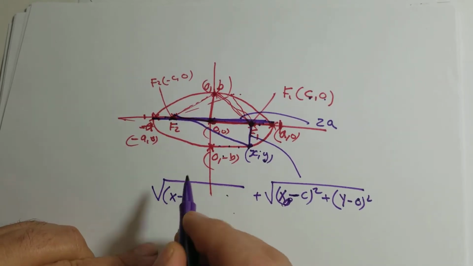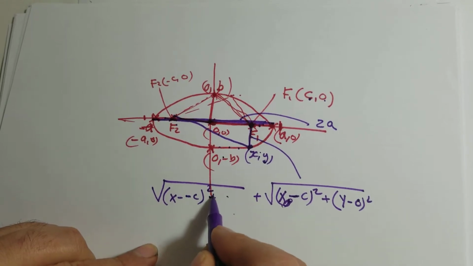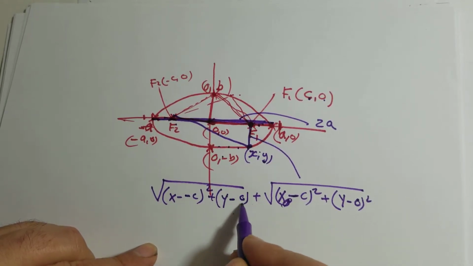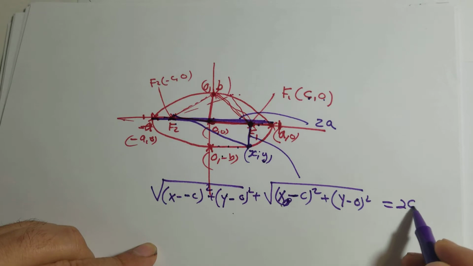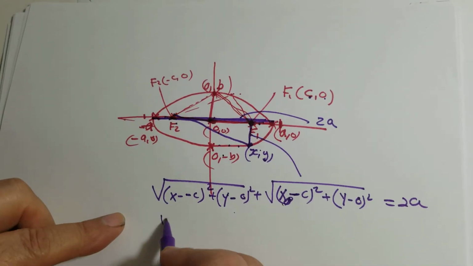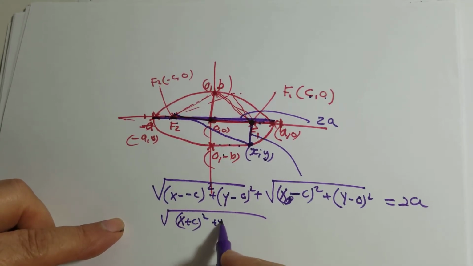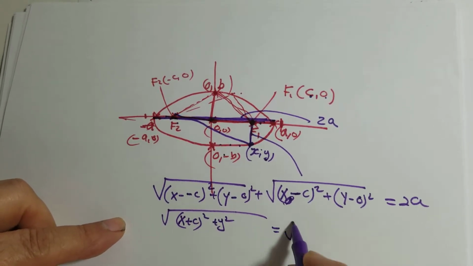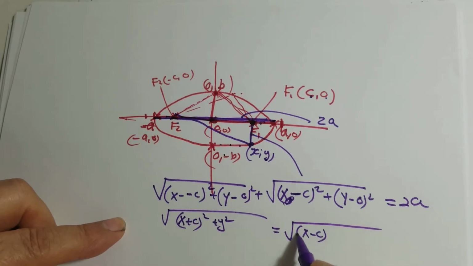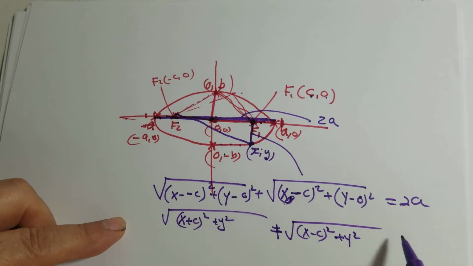X minus a negative C squared plus Y minus 0 squared. That should equal the length of the major axis. Well, this is nothing except the square root of x plus c squared plus y squared, plus, this one is x minus c squared, that's a plus sign, plus y squared, equal to 2a.